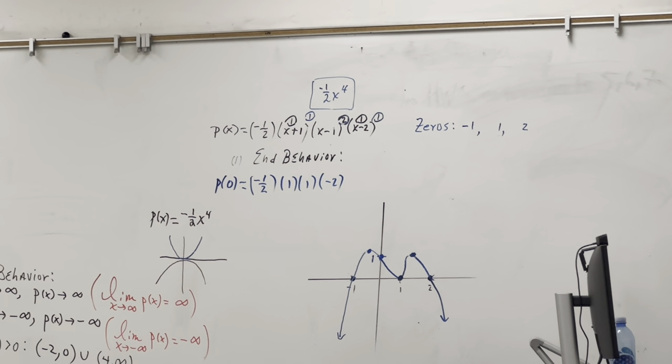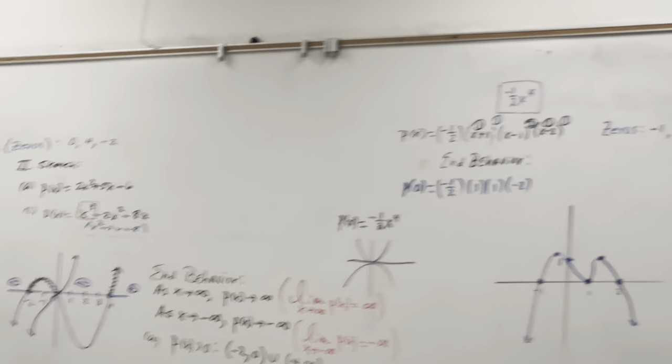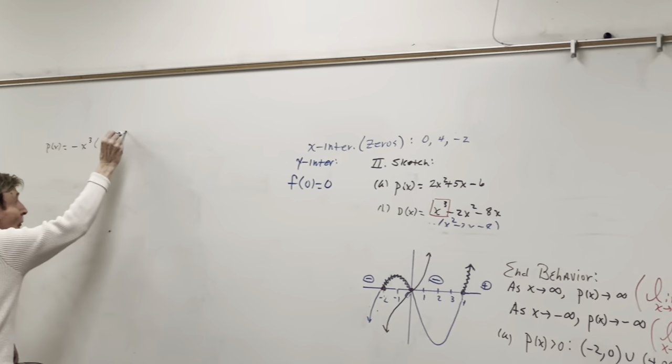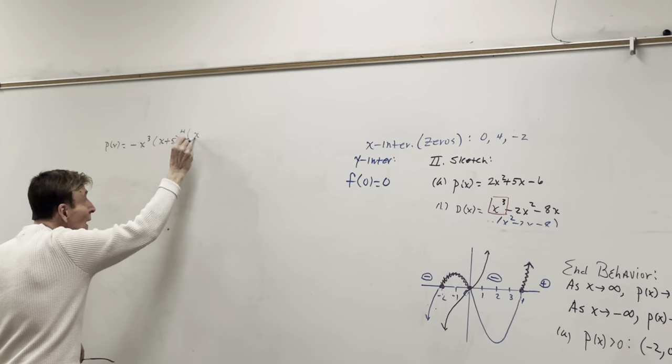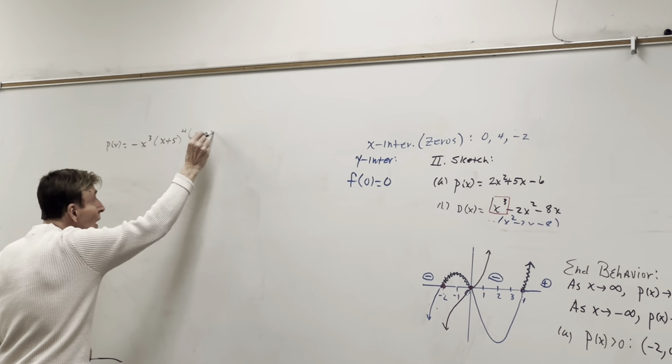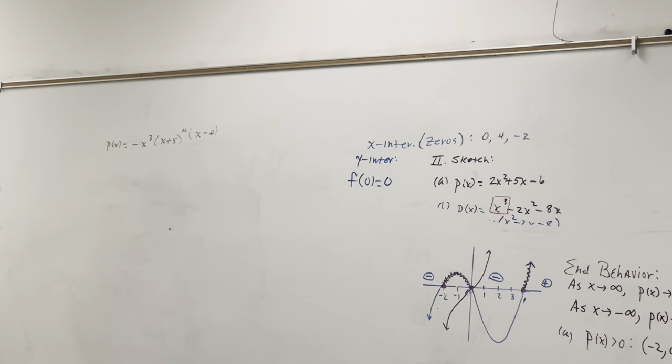Tell me what that last one was. What was the function? P of x is equal to negative x cubed, parentheses, x plus 5 to the fourth, parentheses, x minus 4. Wow.